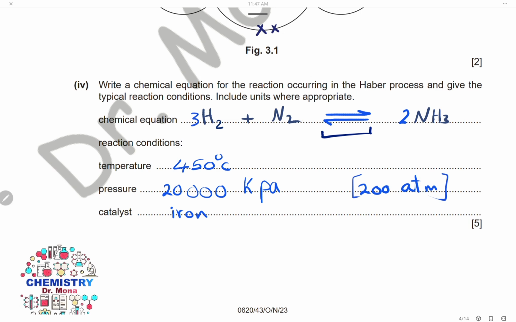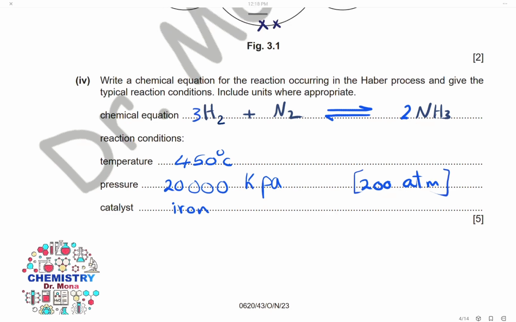So 1 mark will be for the balanced equation and 1 mark for drawing the reversible arrows. Reaction conditions: the temperature 450 degrees Celsius, and the pressure we can either write 200 atmospheres or 20,000 kilopascals, and the catalyst of course is iron or finely divided iron.